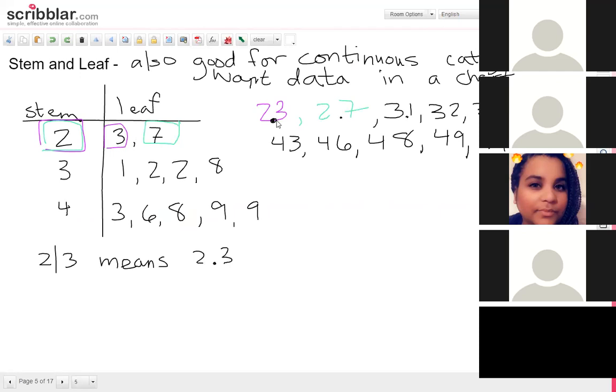All of these now become 2.7, 3.1, 3.2. But they have to tell you that information. If it's not stated explicitly, then you just assume 23, 27, so on.